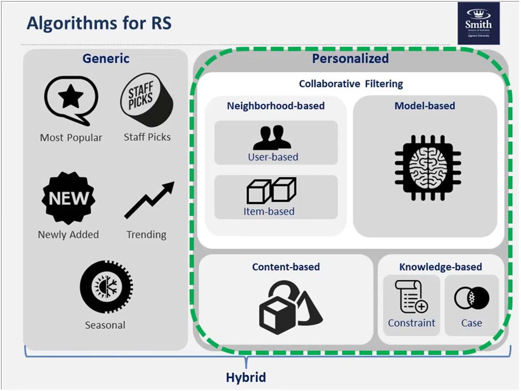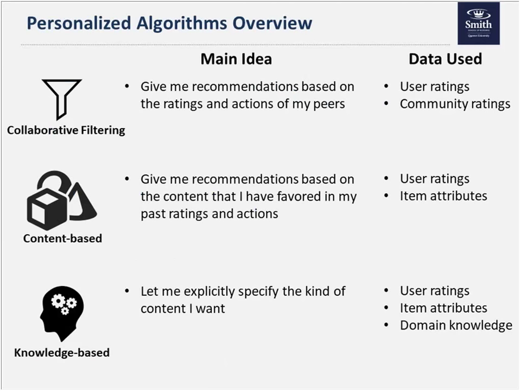So that's why there's been a lot of great personalized algorithms that have been created. The personalized ones can be split into three broad groups. There's a technique called collaborative filtering, which we can break down further, and we will. And then there's content-based, and then knowledge-based. So collaborative filtering, the main idea here is to give users recommendations based on the ratings of their peers.